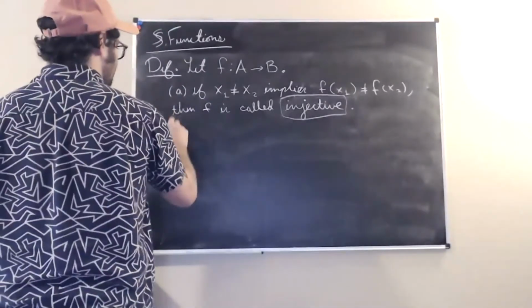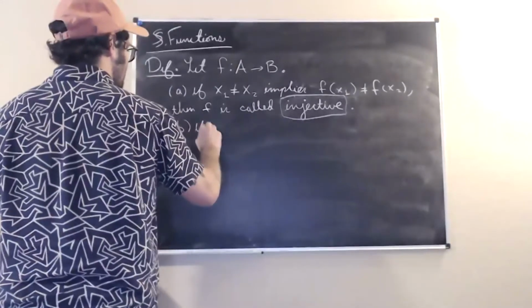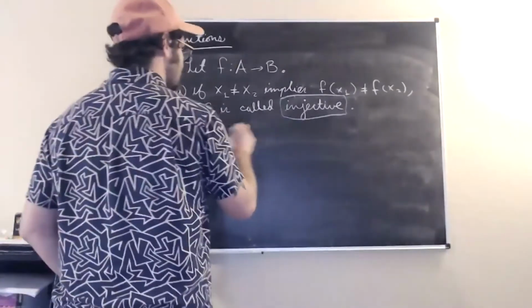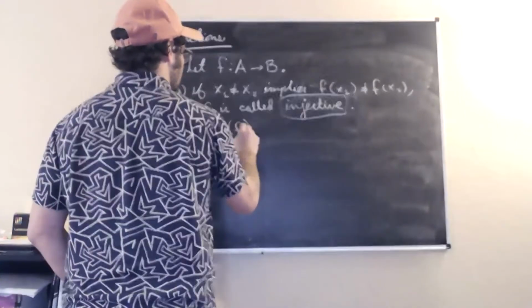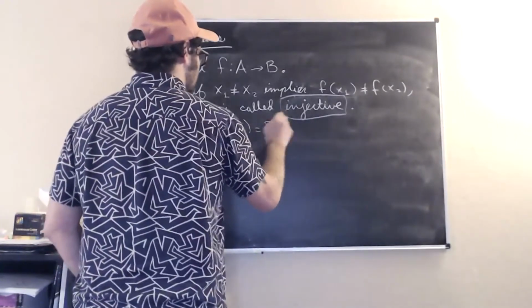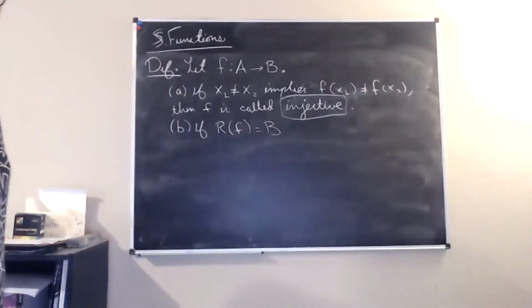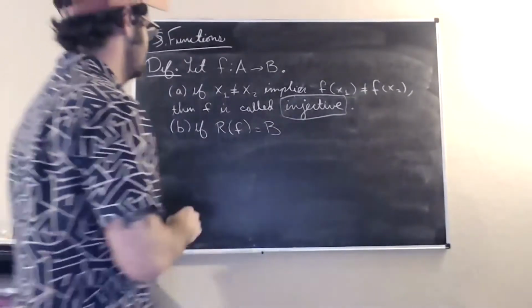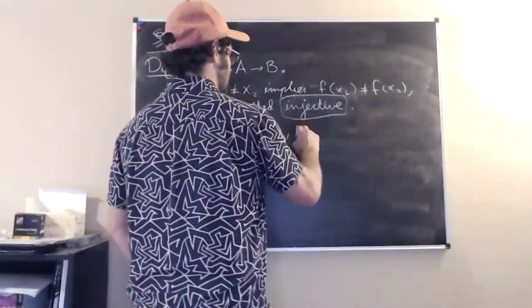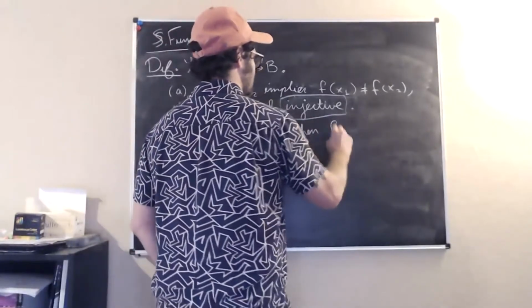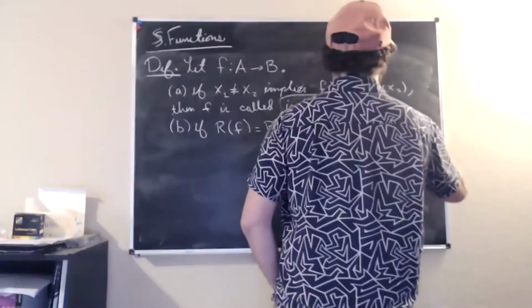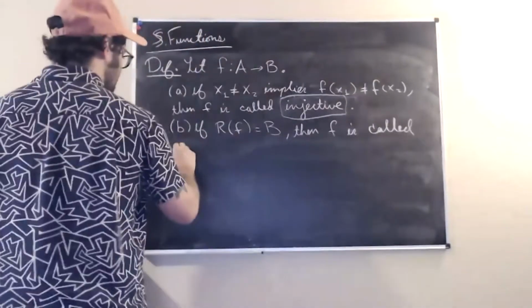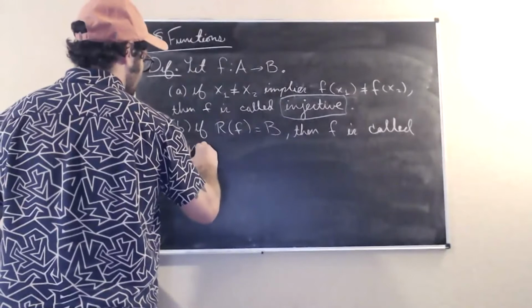Part B: if the range of f is equal to B, again, these are sets we're talking about here, then f is called surjective.